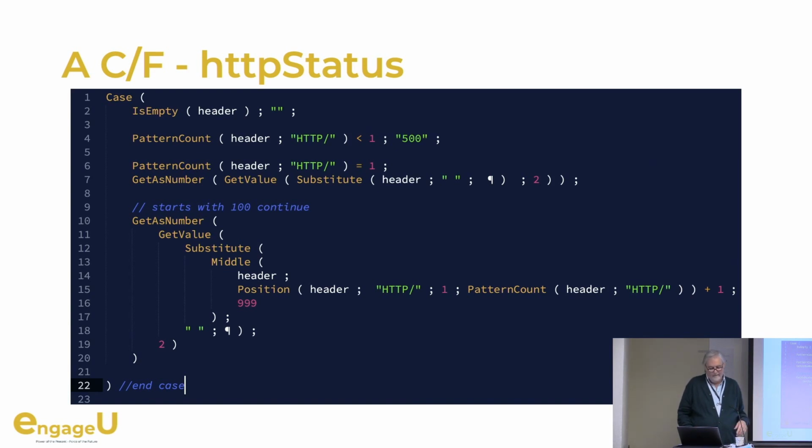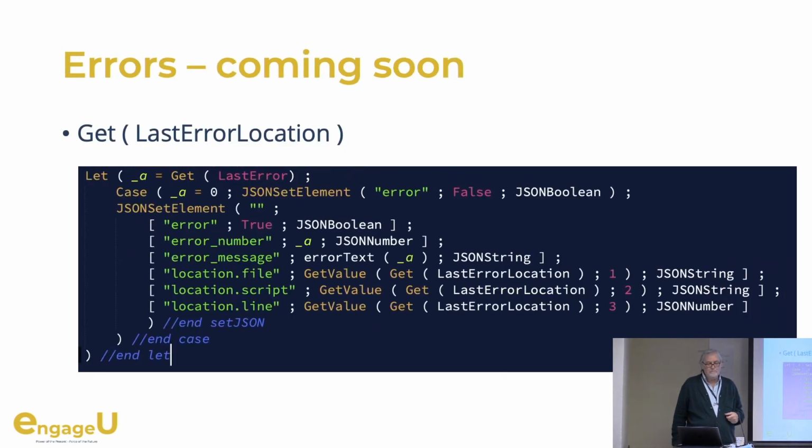Just a useful thing. And for those who want a little tiny sneak preview, because obviously the whole of Vince's presentation downstairs is on stuff which isn't quite here yet. Coming soon to a project near you, get last error location.